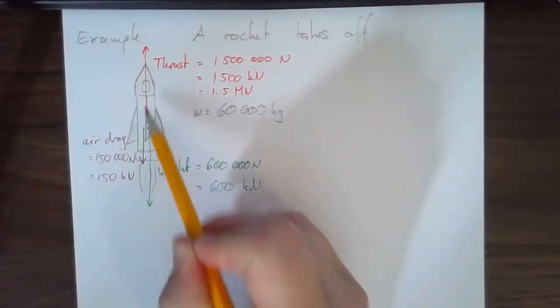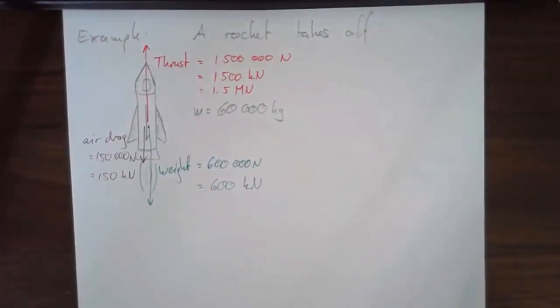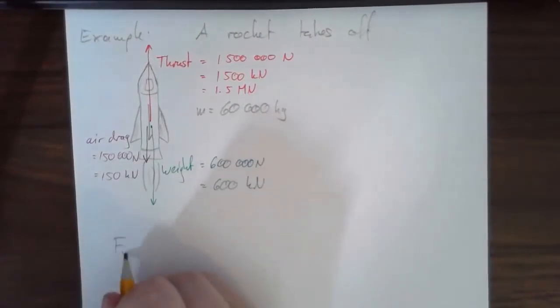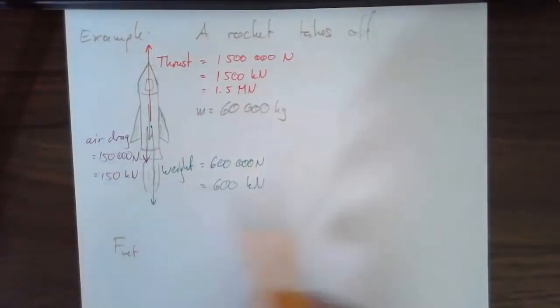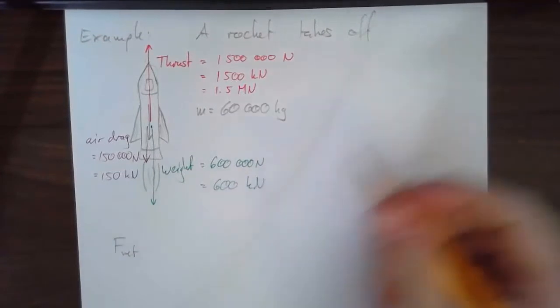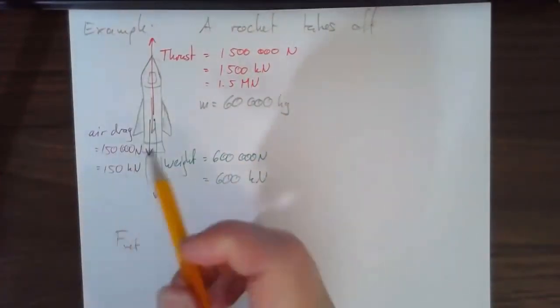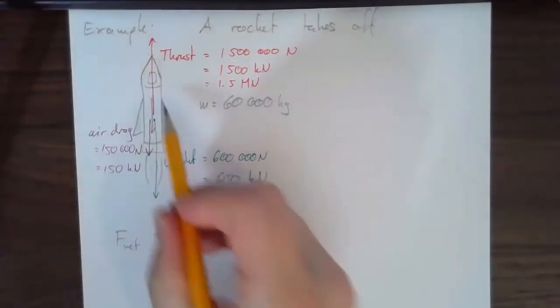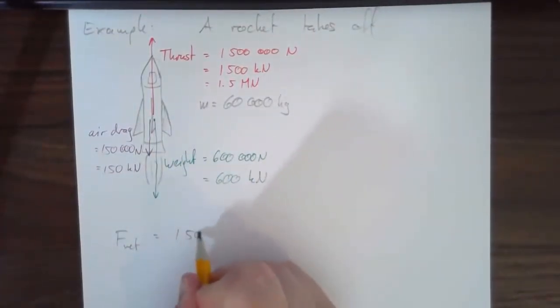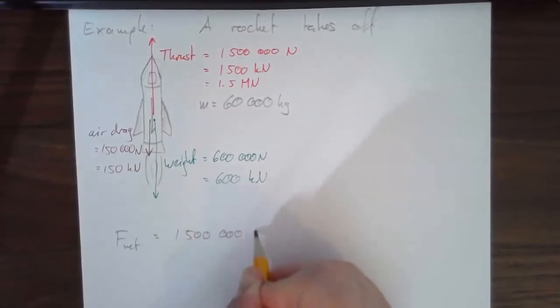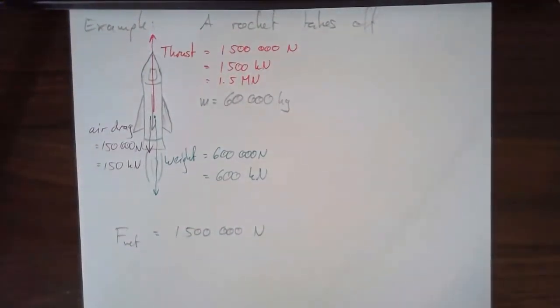We've got 3 forces acting this time, so you want to find the net force. The net force is all in the vertical direction, so I don't have to worry about components. Upwards I have 1,500,000 newtons. That's the thrust.